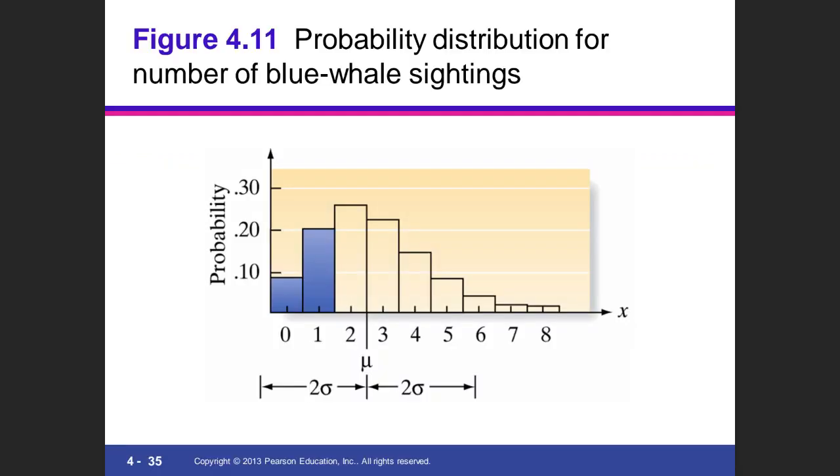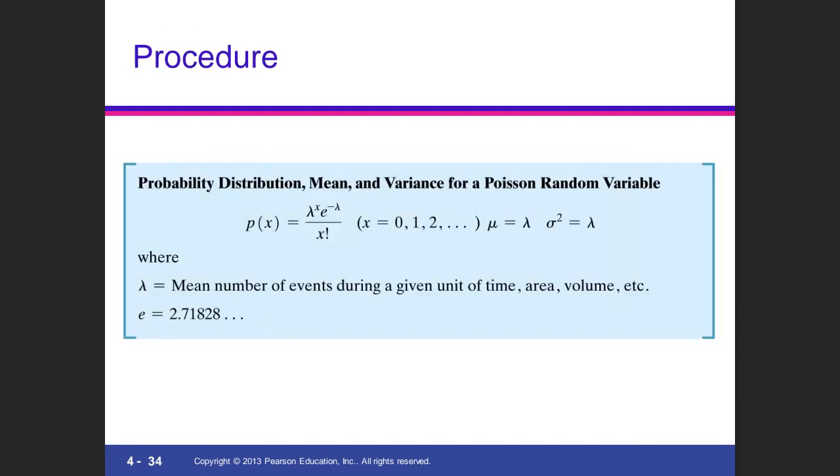Okay, check the formula here. It is the mean to the power of x, times e, a constant, 2.71828, to the power of minus the mean, divided by the factorial of x.